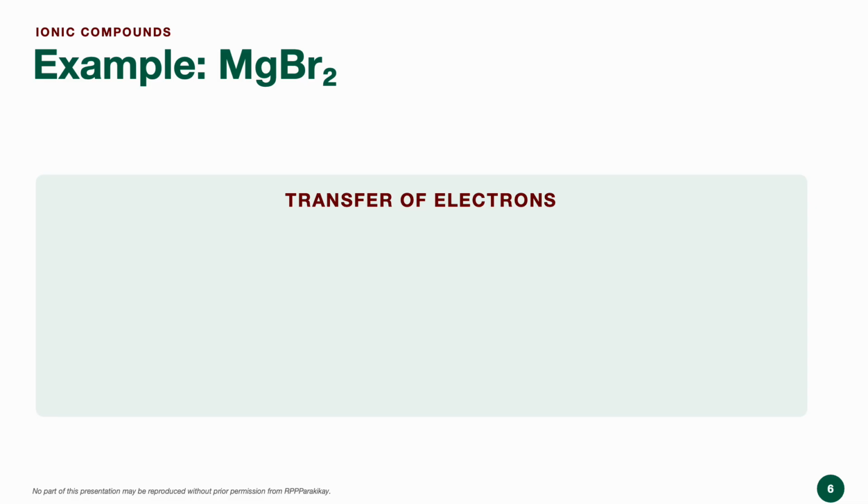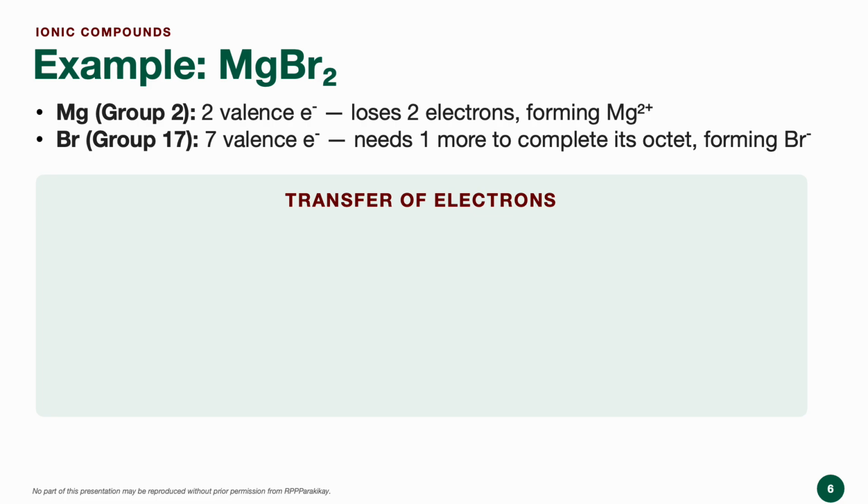Let's apply this to an actual ionic compound. For example, magnesium bromide, or MgBr2. Magnesium is in group 2 of the periodic table, so it starts with 2 valence electrons to lose to reach the noble gas configuration of neon, and that leaves it as Mg2+. On the other hand, bromine is in group 17, so it starts with 7 valence electrons and only needs one more to complete its octet.